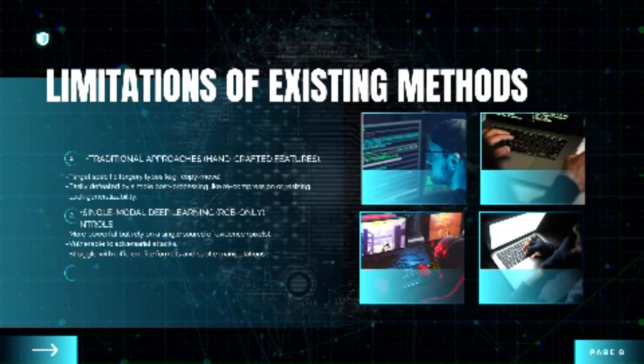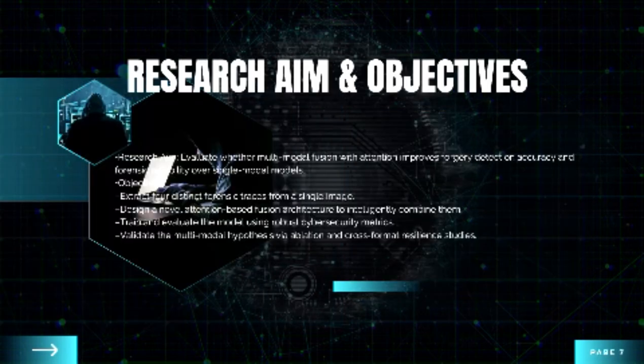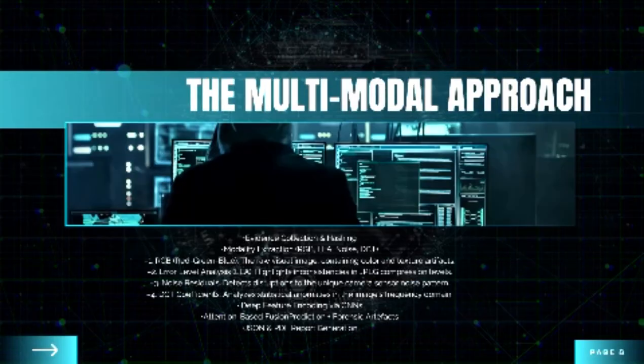Also, single modules depend only upon the RGB content and not the entire set of modalities. So this research has all four forensic trace components: RGB, ELA, noise residual, and DCT forensic maps, which I'll be talking about in detail.